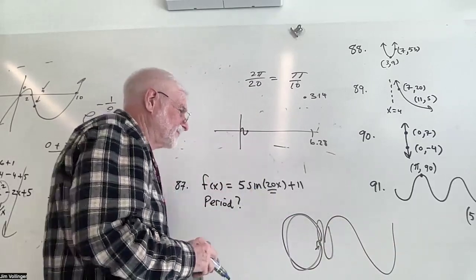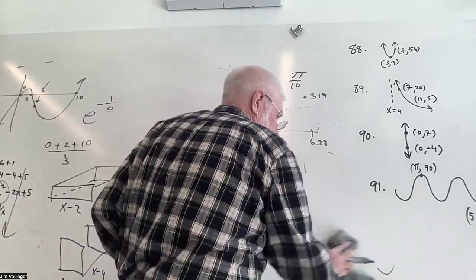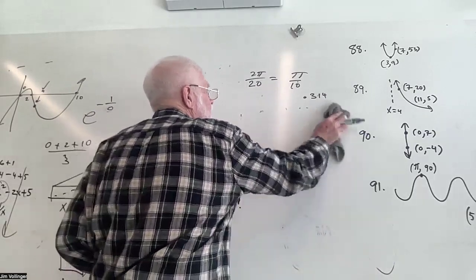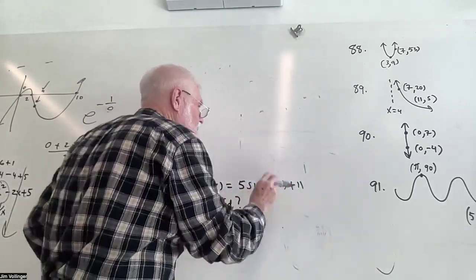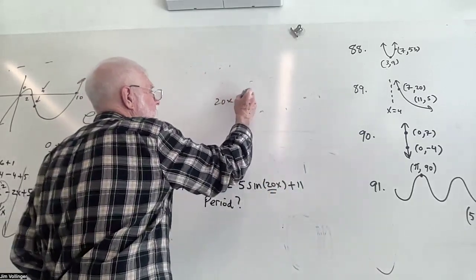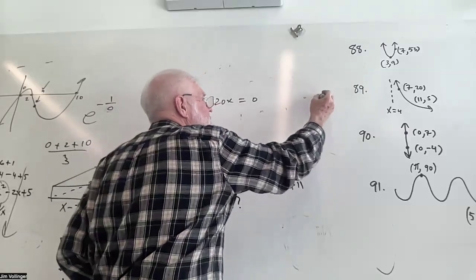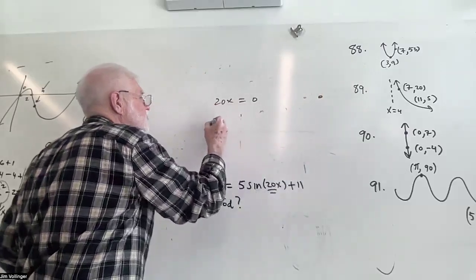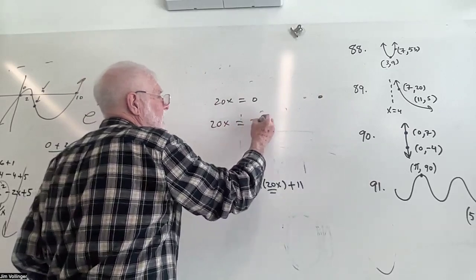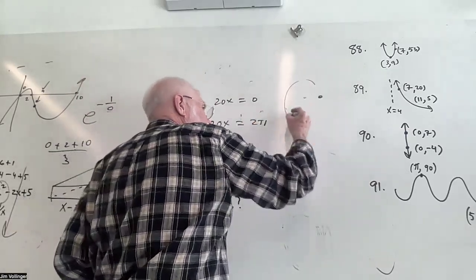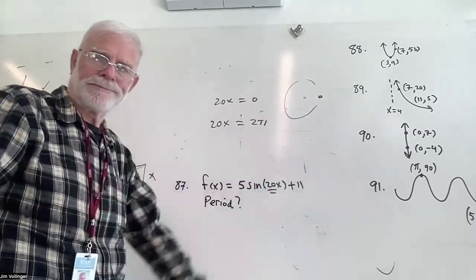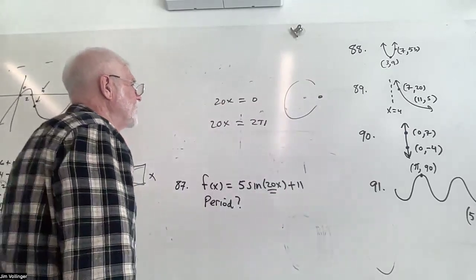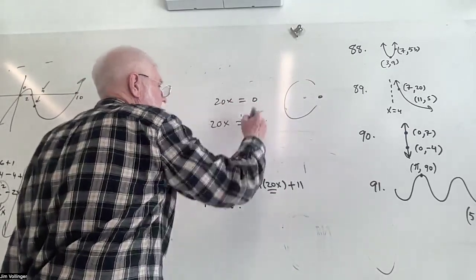Wonder what that means. All right, so it's a shortcut. Where does the shortcut come from? Well, we know we want 20x to equal 0, the start of the revolution. Then we want 20x to equal 2 pi, the end of the revolution. Go check. So when does 20x equal 0?